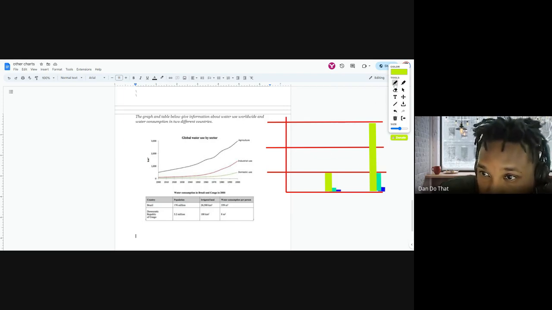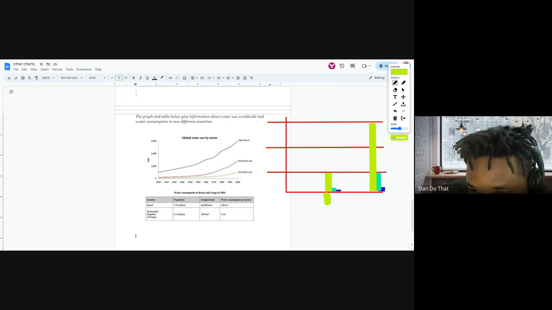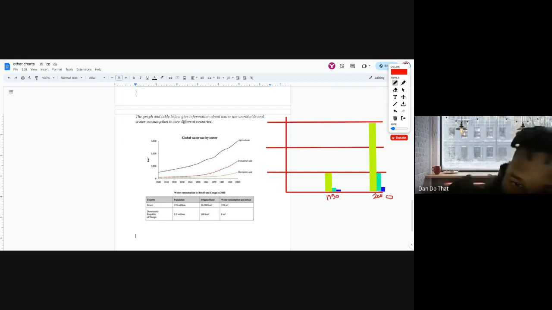Let's see the bottom chart. Now we got two countries in the next one.